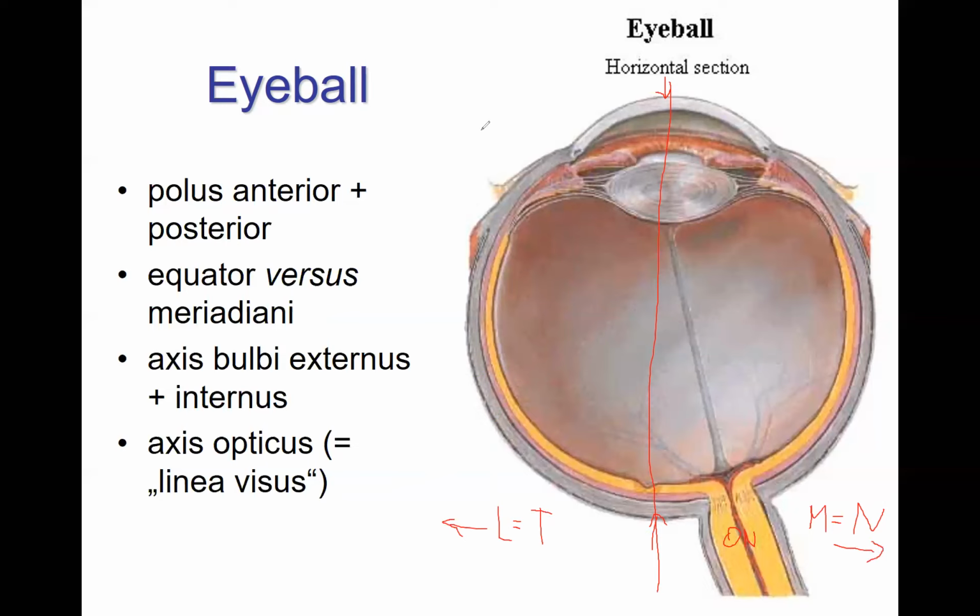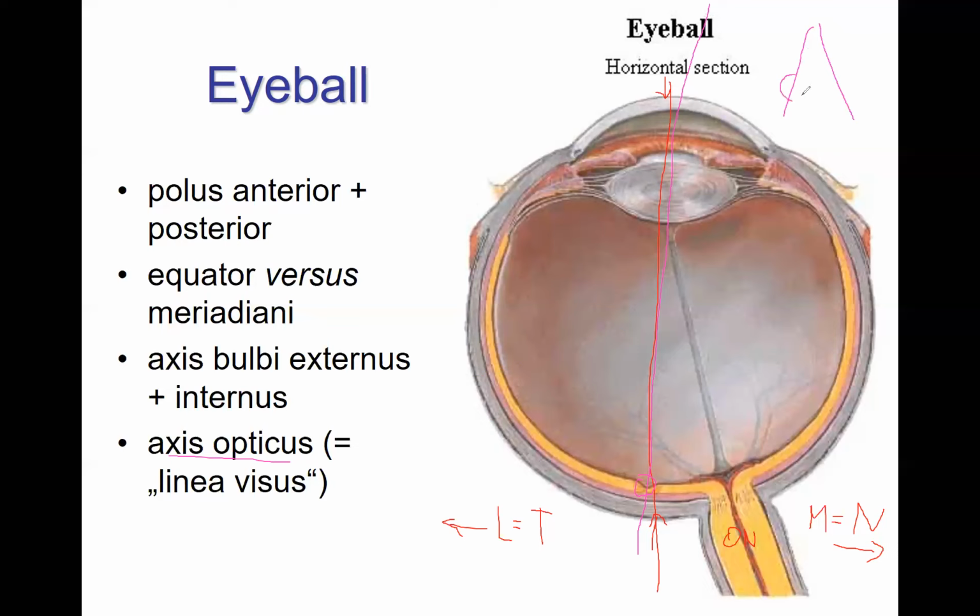So that's the axis, and then we have the optic axis, and the optic axis is a bit different. The optic axis goes through the yellow spot or macula lutea here. So two optic axes then converge.